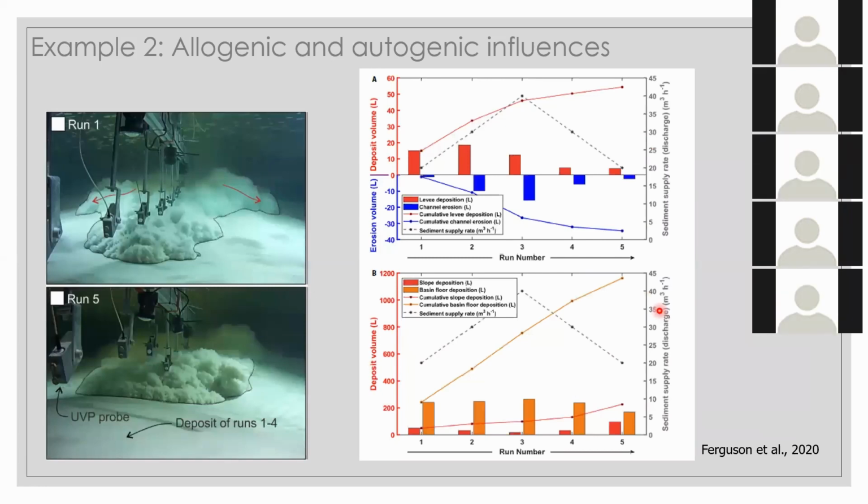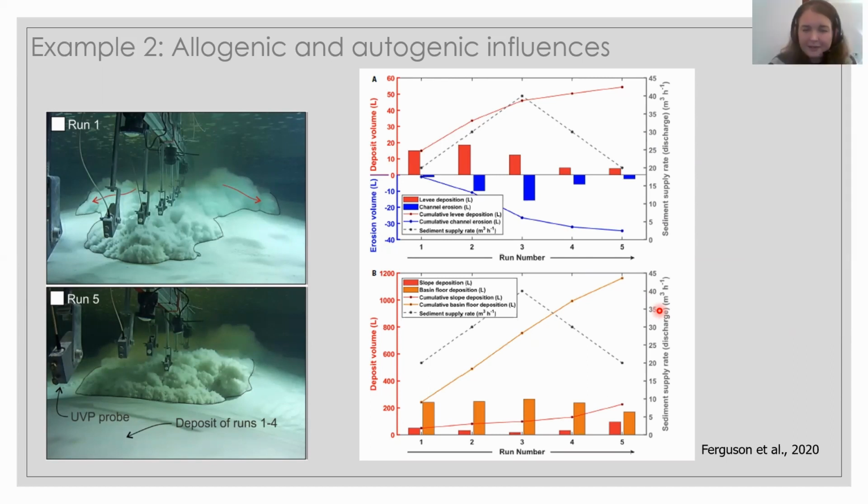And what's also quite interesting in this set of experiments was that the channel and levee are more influenced by the sediment supply cycle that we simulated than the lobes themselves.